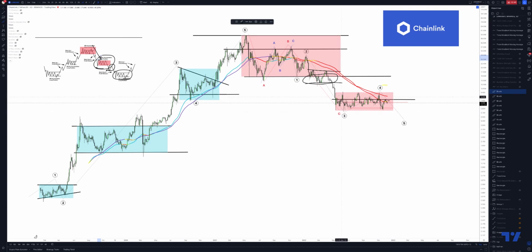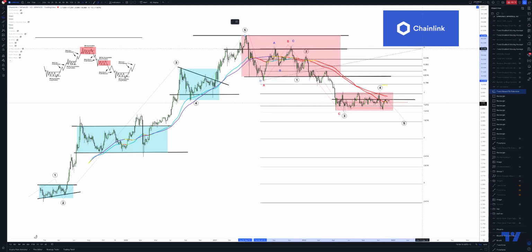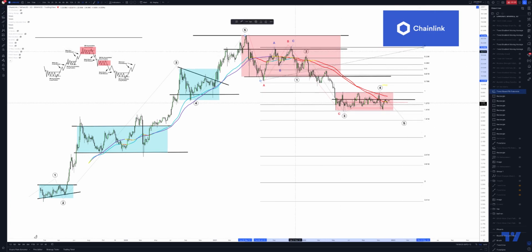So with that logic, if we look at my Elliott wave count, we're looking for wave 5. If we were to measure wave 5, we can do it a number of ways. We can get our fib extension from the top to the bottom and to the top, and just massage it so it makes sense a bit, because it's not exact.